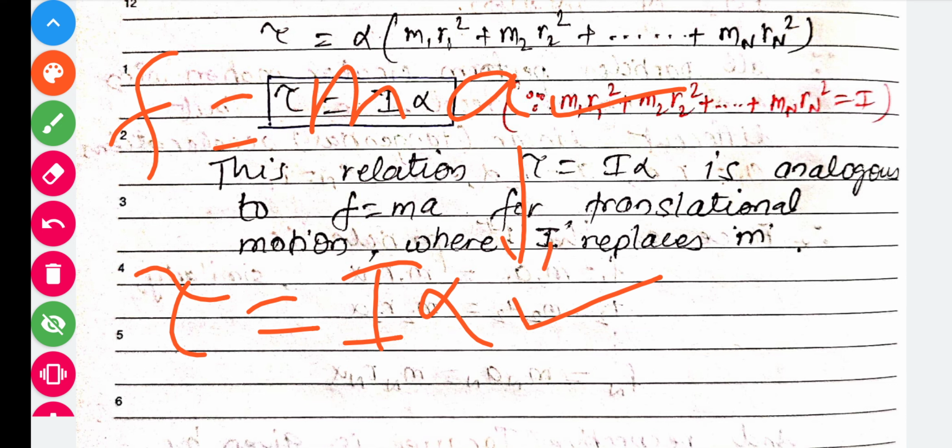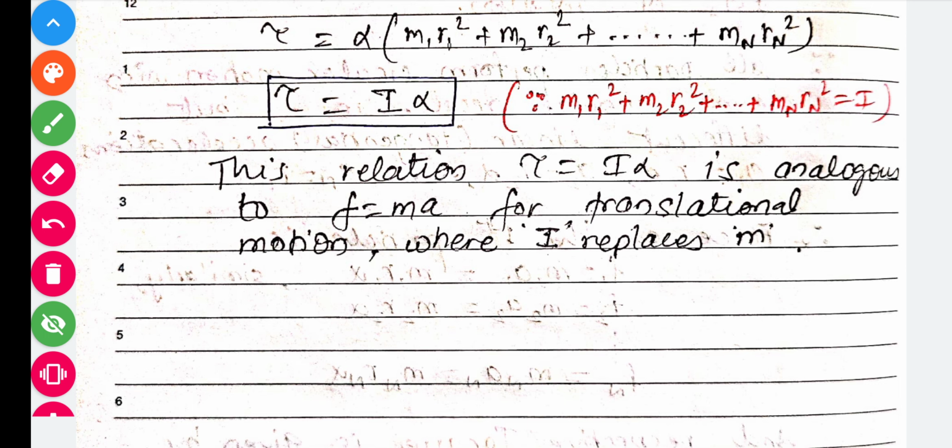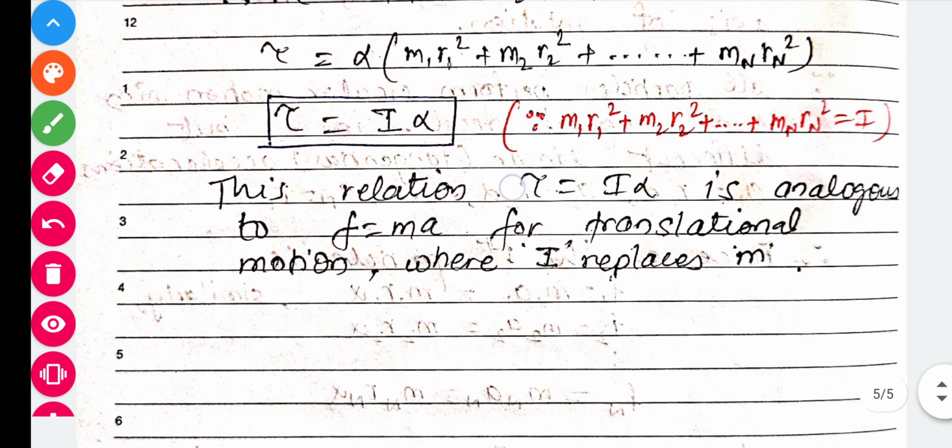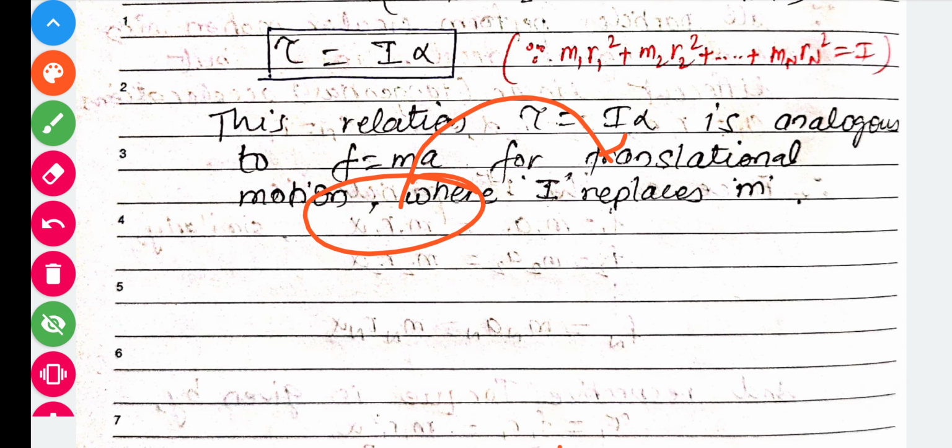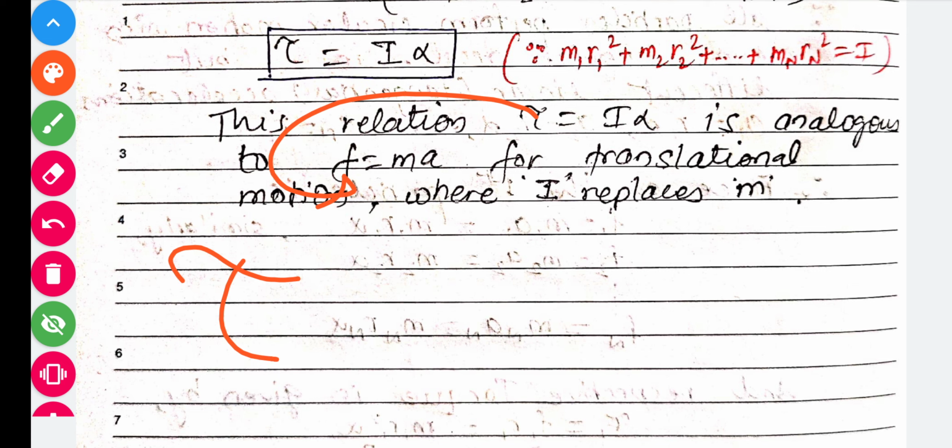Similarly, when we replace mass with moment of inertia, we get torque. So mass is comparable with moment of inertia, they are interrelated. Due to them, torque is related with force. So torque in rotational motion is analogous to force in translational motion.